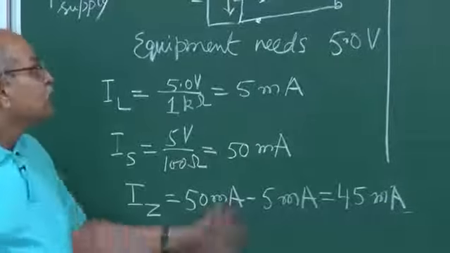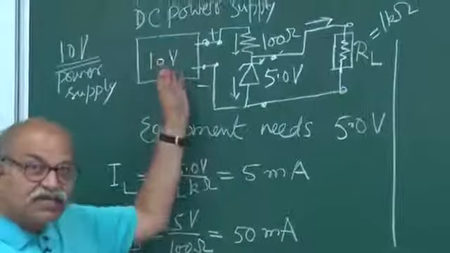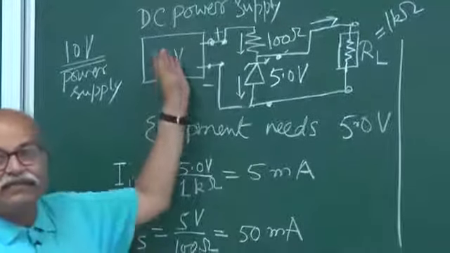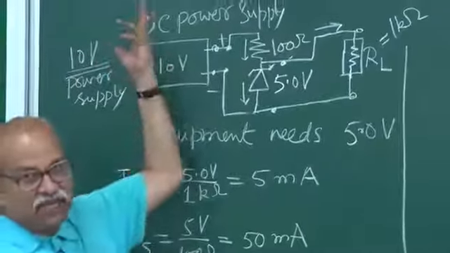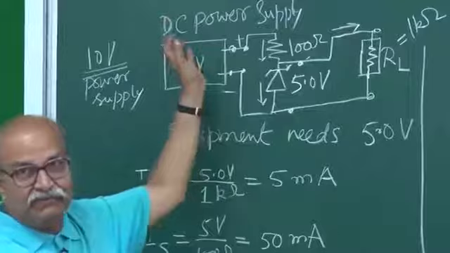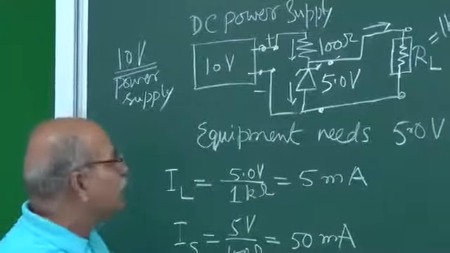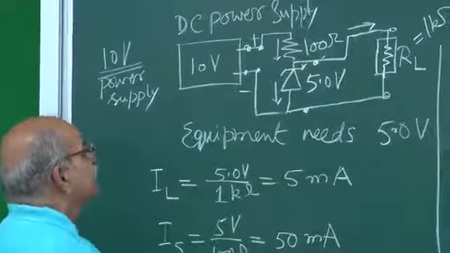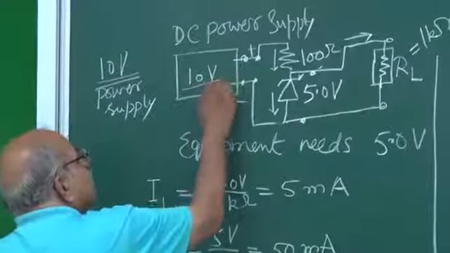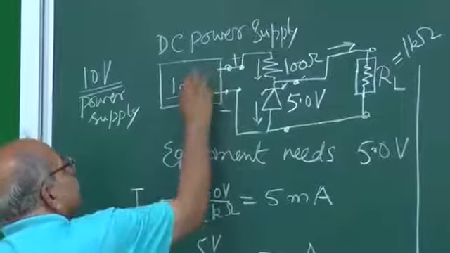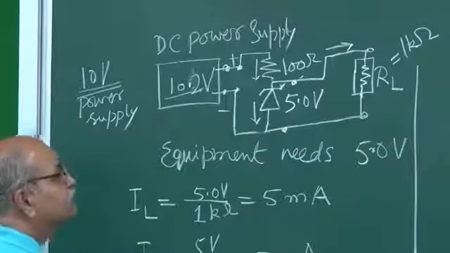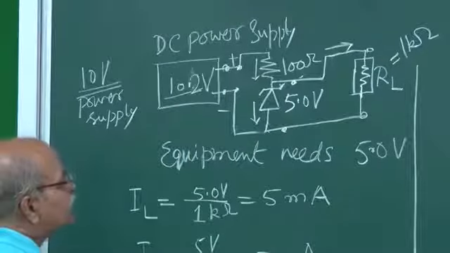Now suppose there is a fluctuation in this voltage, and this 10 becomes, let's say, 10.2. What will happen? So analyze it once again, taking that this 10 has now become 10.2.